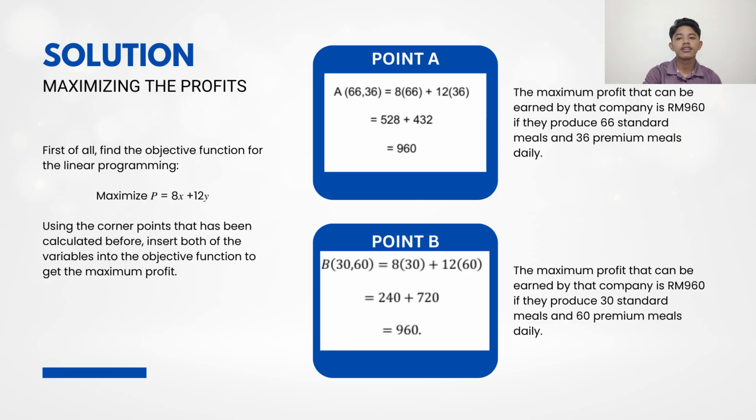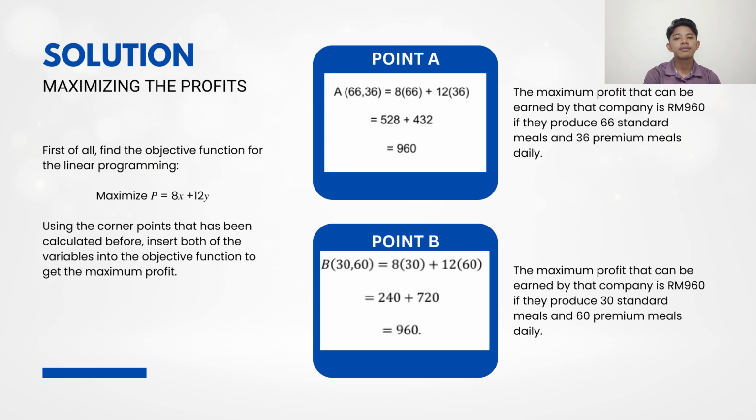Then we got the final answer, which is 960. So the maximum profit that can be earned by that company is 960 ringgit if they produce 66 standard meals and 36 premium meals daily.